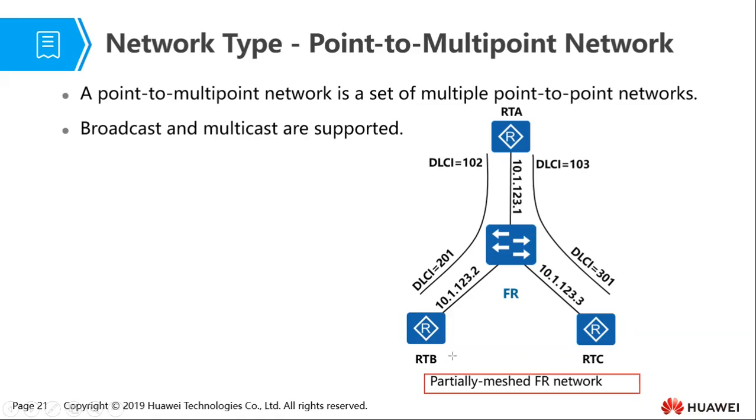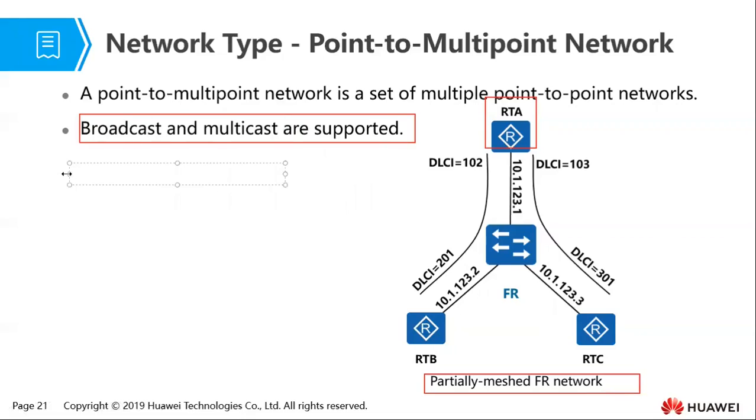So if RTB wants to communicate to RTC, they have to do so via RTA, because we don't have a direct virtual circuit between RTB and RTC. Here, broadcast and multicast are supported, and therefore OSPF neighbors can be discovered. Normally, here neighbors are discovered using what you call inverse ARP.